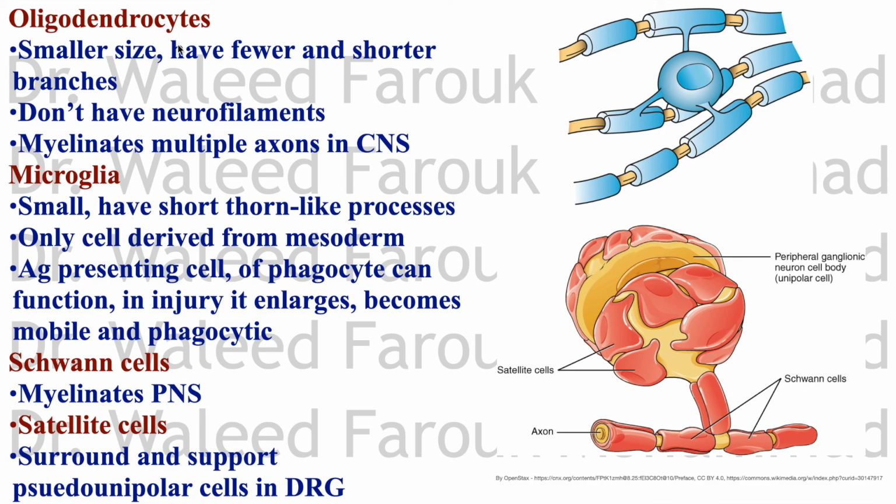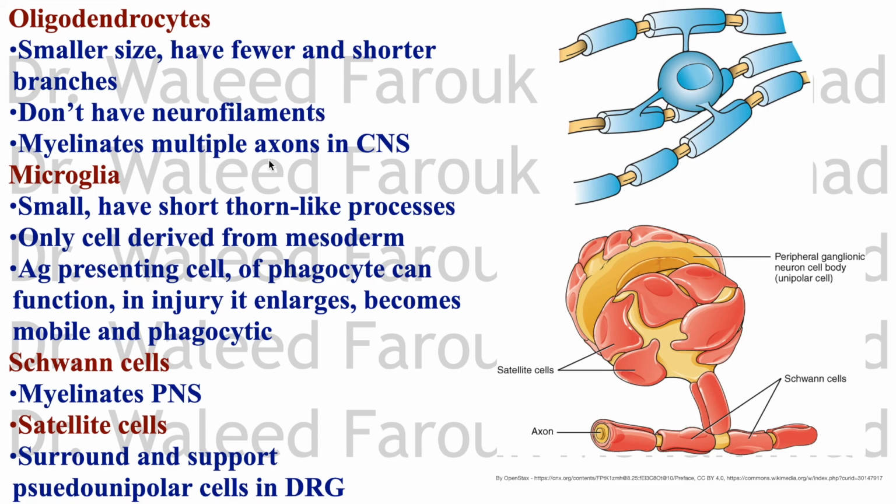The problem is that the oligodendrocyte myelinates more than one axon, so damage to an oligodendrocyte involves damage to the many axons that it myelinates. They are affected in demyelination diseases.